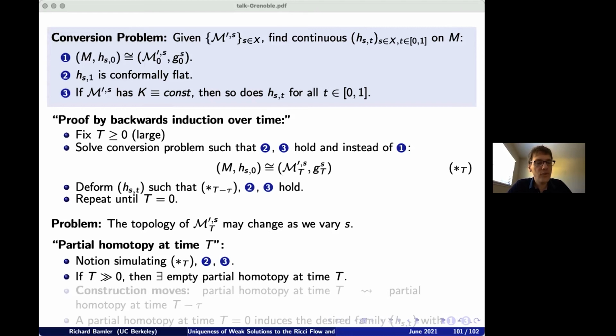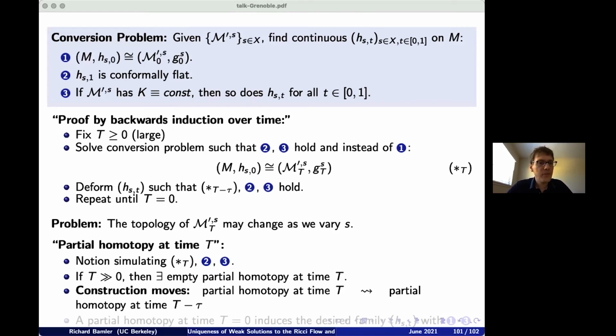If I choose t very large, then the family of these time slices is just going to be empty, because all these flows are going extinct after some time. So if t is very large, then I can find an empty partial homotopy at time t. And so I can show existence of a partial homotopy at time t for t very large.